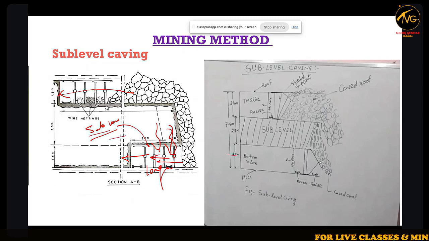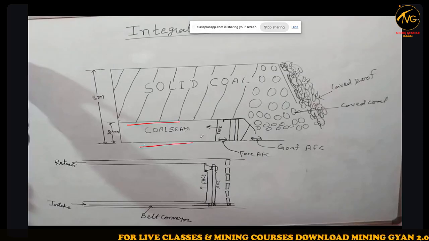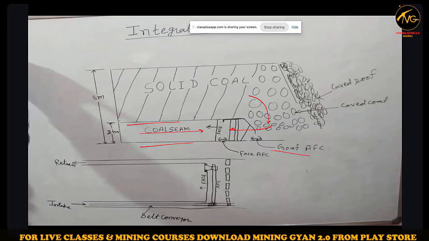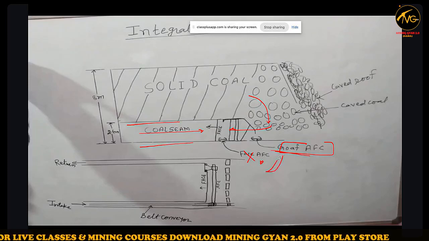When this coal falls down, we use the GOF AFC conveyor to extract it. It is not sub level caving, it is integrated sub level caving. So we only use two slices. We will use the long wall retreating method, and it will cave. We will extract from the GOF AFC. When we are using GOF AFC, we will not use face AFC, because we cannot use both conveyors simultaneously.